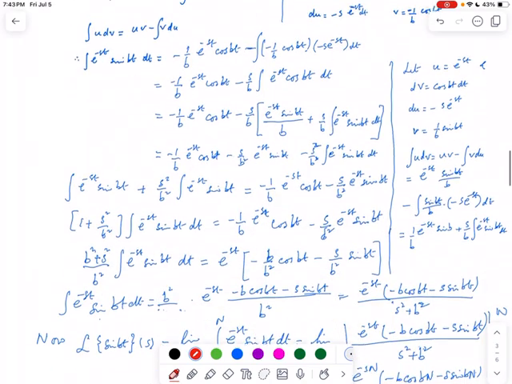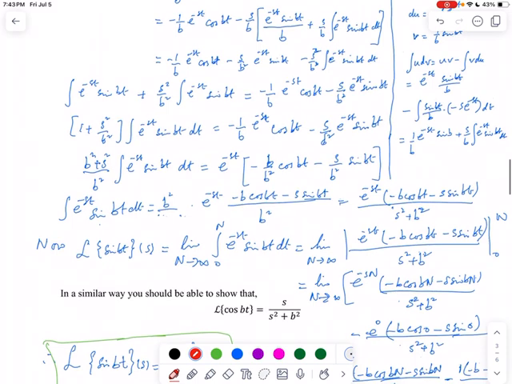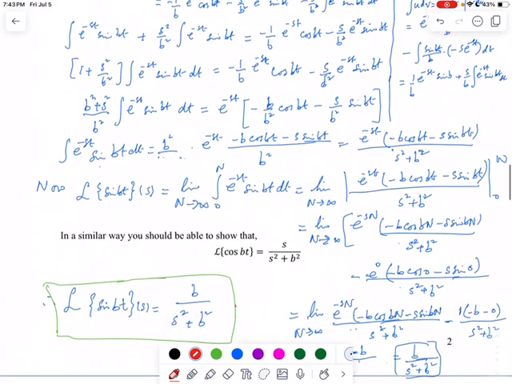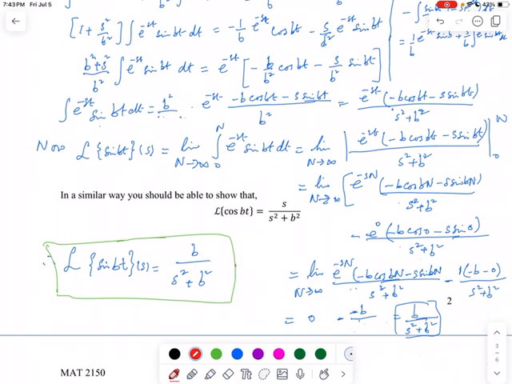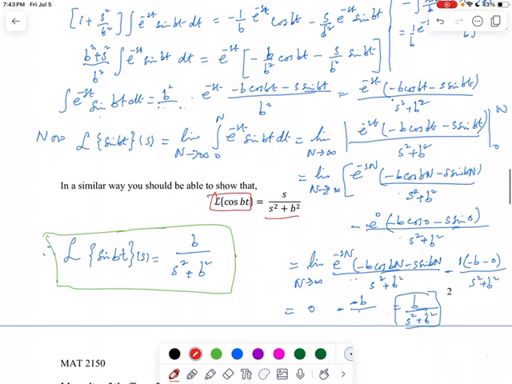There is a long work and, of course, integration techniques learned from Calc 2, and then applying limits. So we end up getting this as our answer. This is the Laplace transform of sine bt. Now the Laplace transform of cosine bt is this, which, following the same steps and that much amount of work, you can calculate.